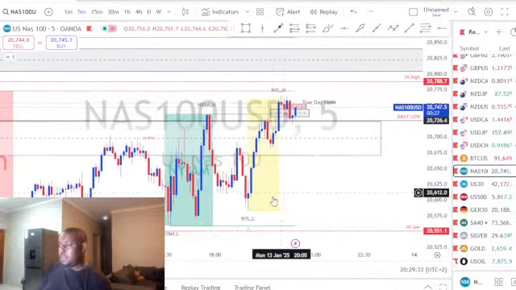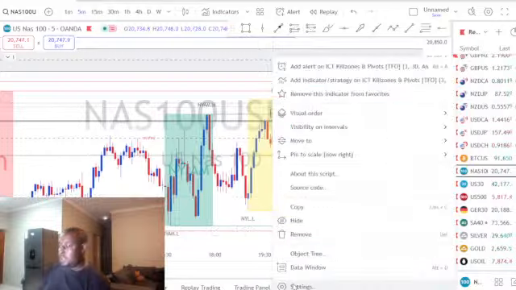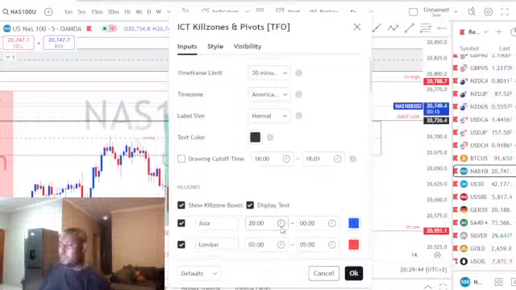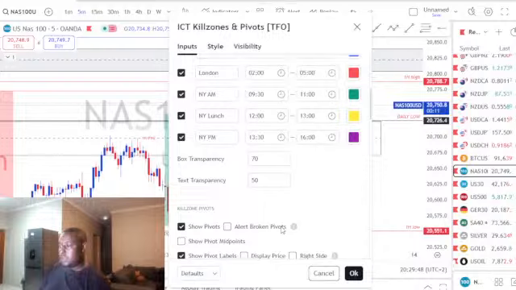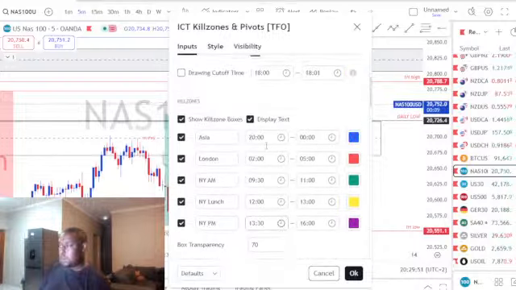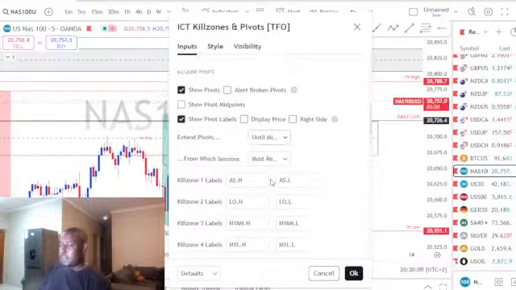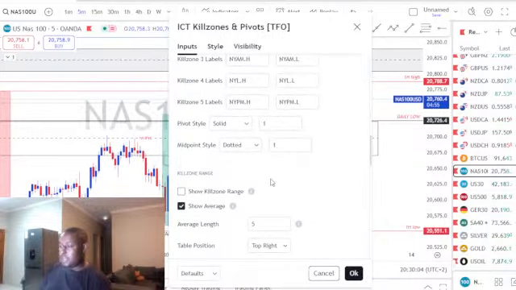Let me remove certain things. Let me quickly set this thing up. I'm just quickly setting this thing that I use.